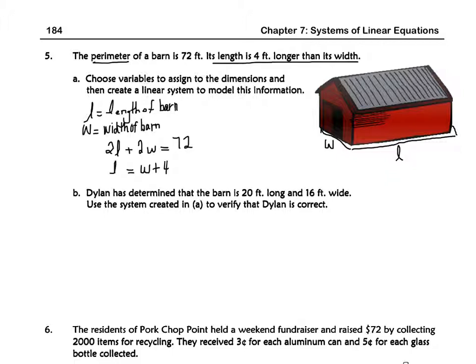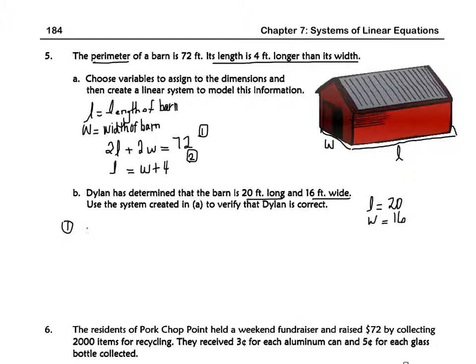Question B says Dylan has determined that the barn is 20 feet long and 16 feet wide. Use the system that you created in A to verify that Dylan is correct. So we would take our equations. I'm going to call this equation 1 and this equation 2. In equation 1, we're just going to let L be 20 and W be 16.